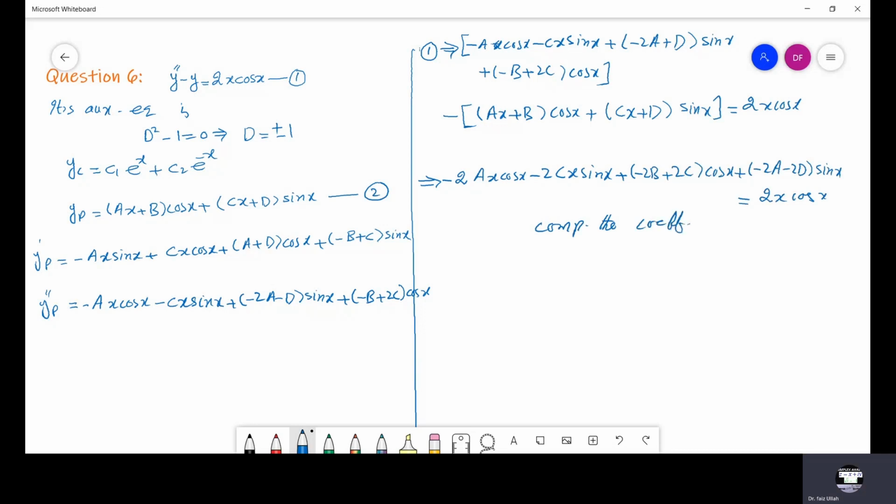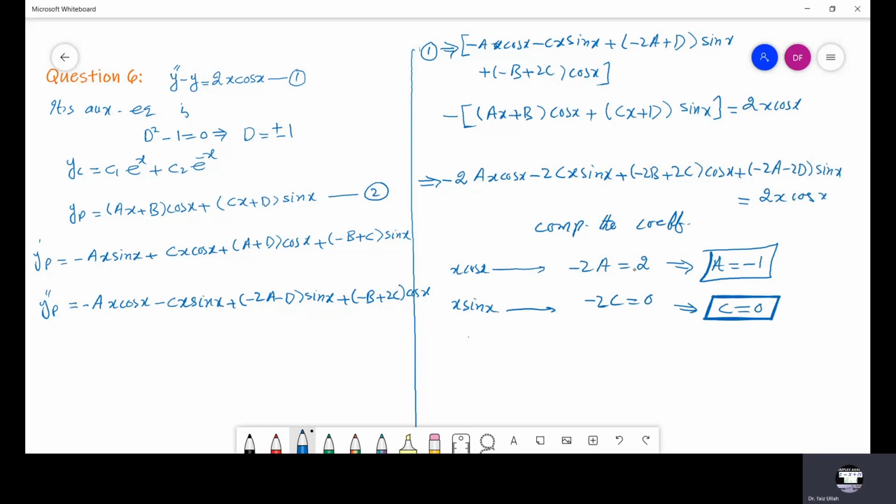Now comparing the coefficients, first we compare the coefficient of x cos x on both sides. So we have minus 2a is equal to 2, and from this we get the value of a, which is equal to minus 1. Now we compare the coefficient of x sin x on both sides, and we have minus 2c is equal to 0. This will give us c is equal to 0. And now we compare the coefficient of cos x on both sides.